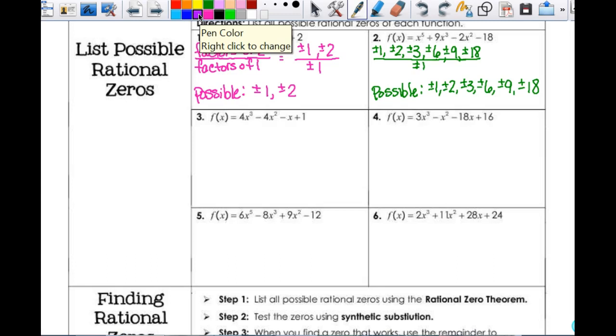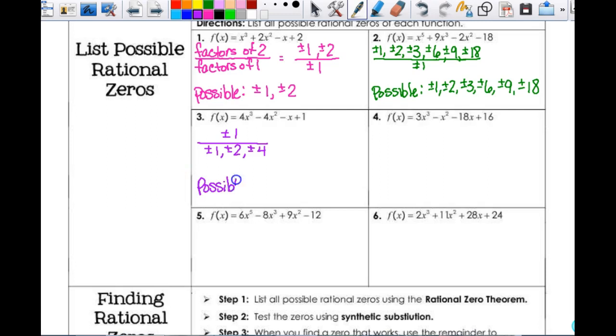All right, so then let's look at number 3. My numerator is the factors of the constant term, so that's just plus or minus 1. The denominator is the factors of 4, so plus or minus 1, plus or minus 2, then plus or minus 4. That's it, right?